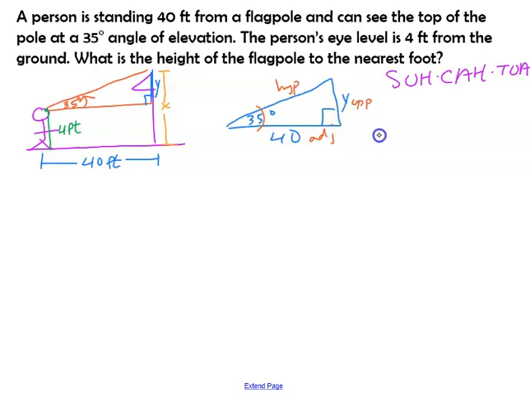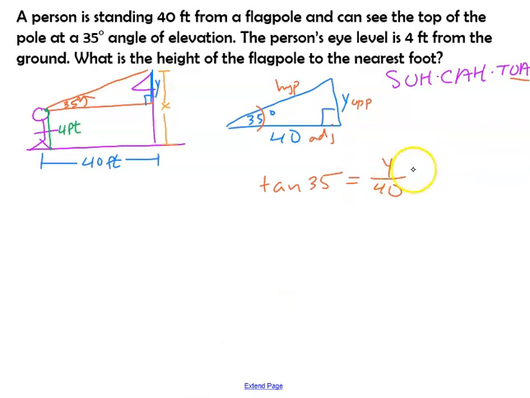When we're trying to find the right trig function, we're using opposite and adjacent. So opposite and adjacent is going to be our tangent. So we're going to set up the tangent of 35 degrees is equal to the opposite over the adjacent. Now we're going to go ahead and solve this for y.